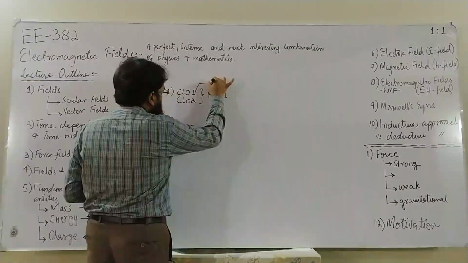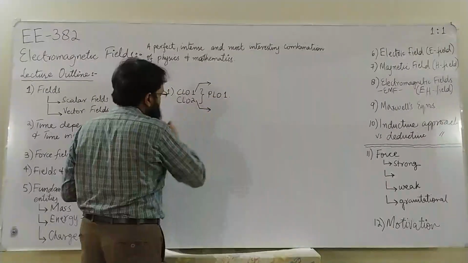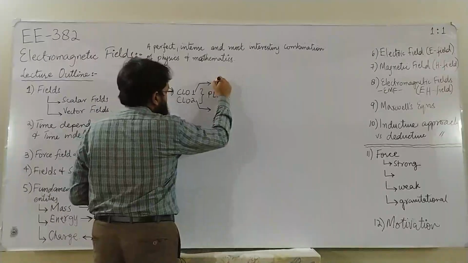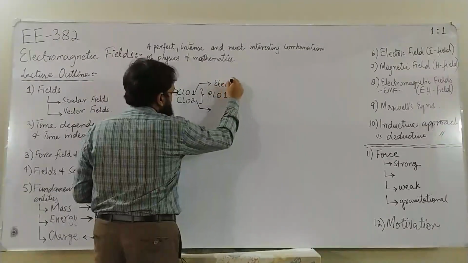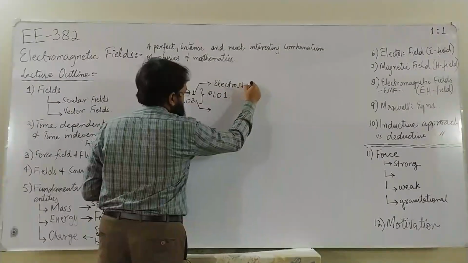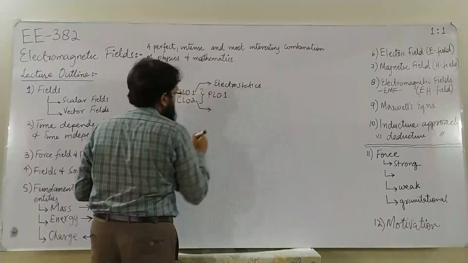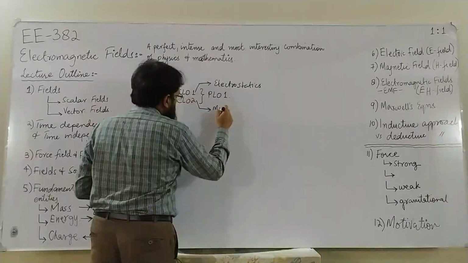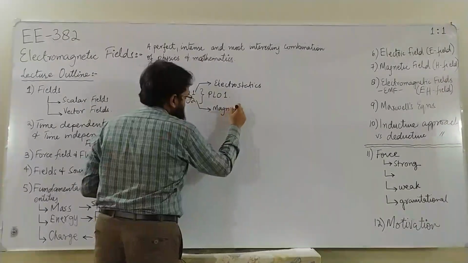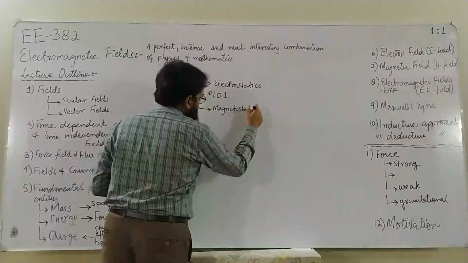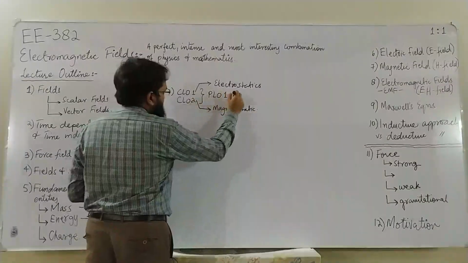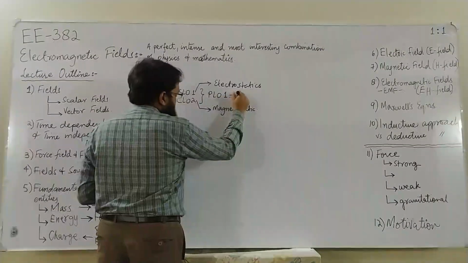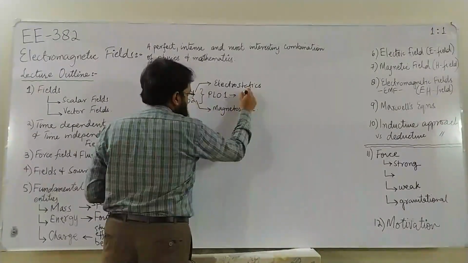The two things you should understand are that CLO1 is related to electrostatics. What electrostatics is, we will know shortly, and CLO2 is related to magnetostatics, right? Both CLO1 and CLO2 are related to PLO1, and PLO1 is nothing but engineering knowledge.